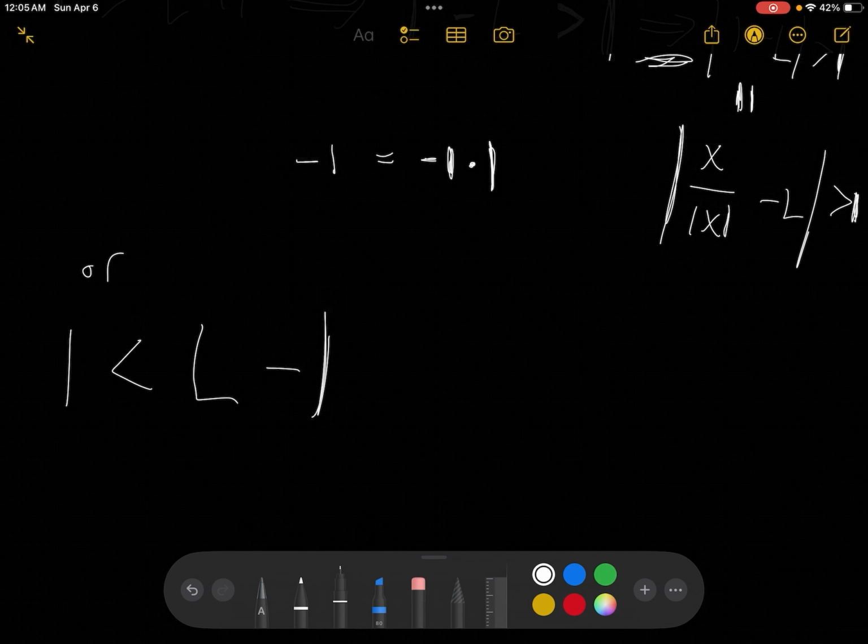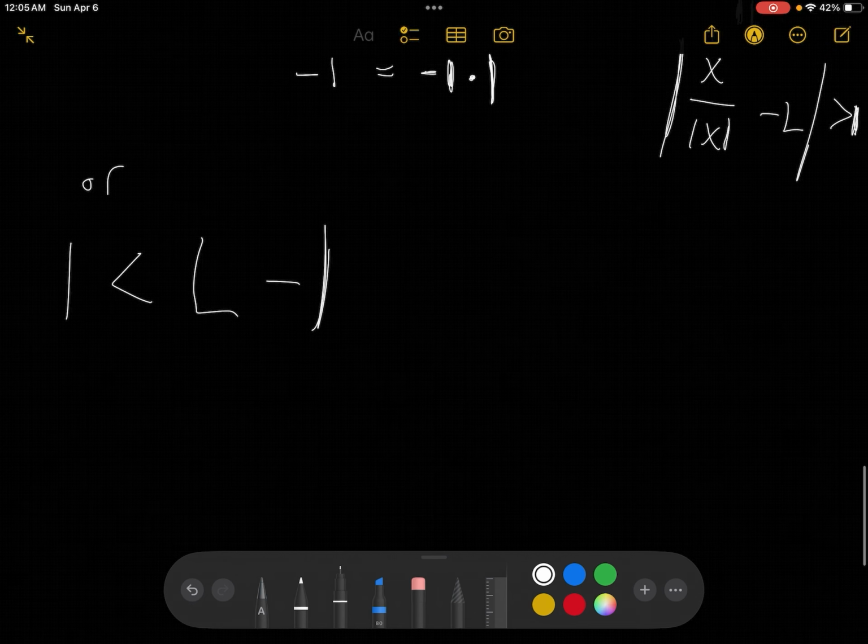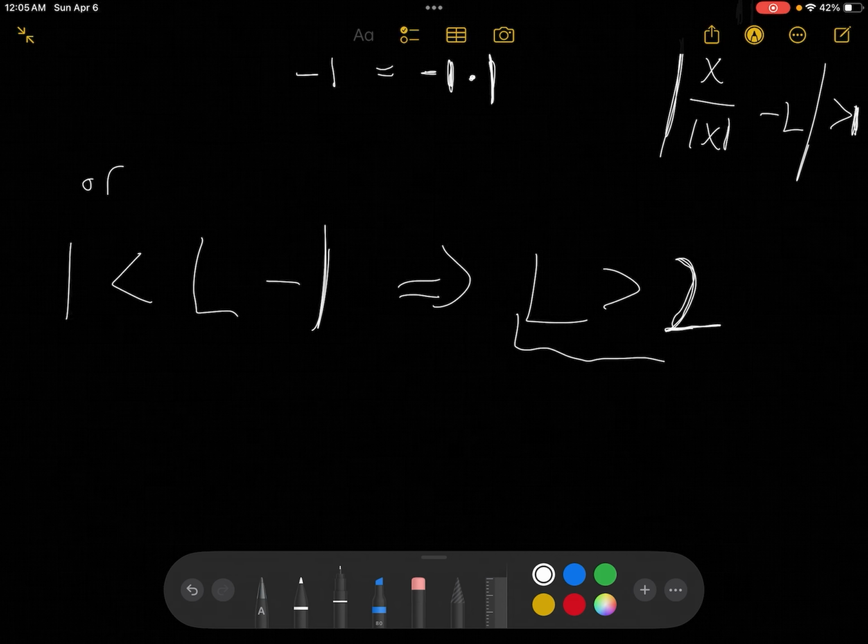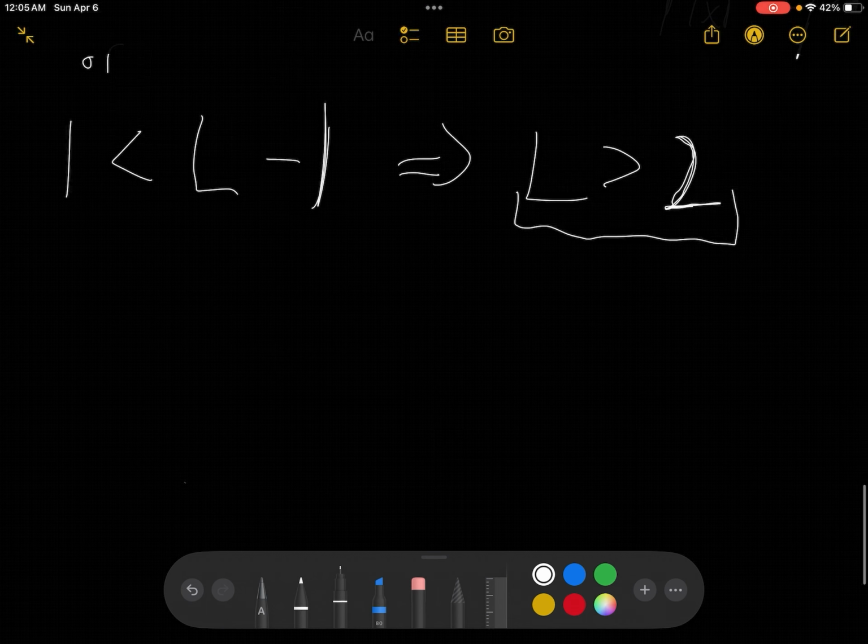Looking at our second scenario, the other way that 1 is not an element of this interval is for 1 to be less than L minus 1, which implies that L is greater than 2.